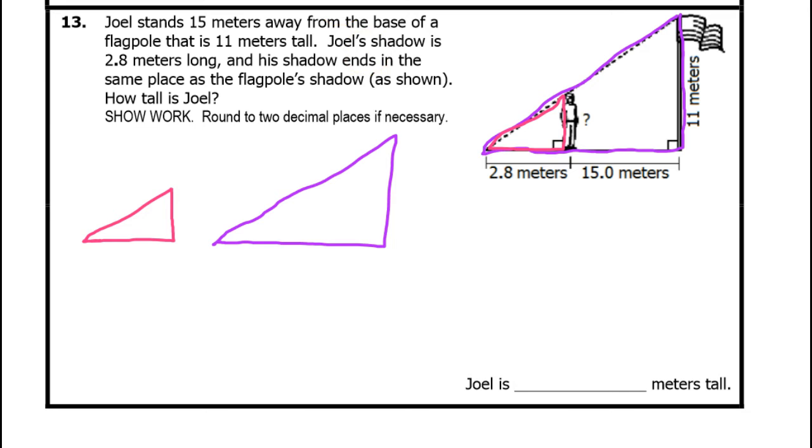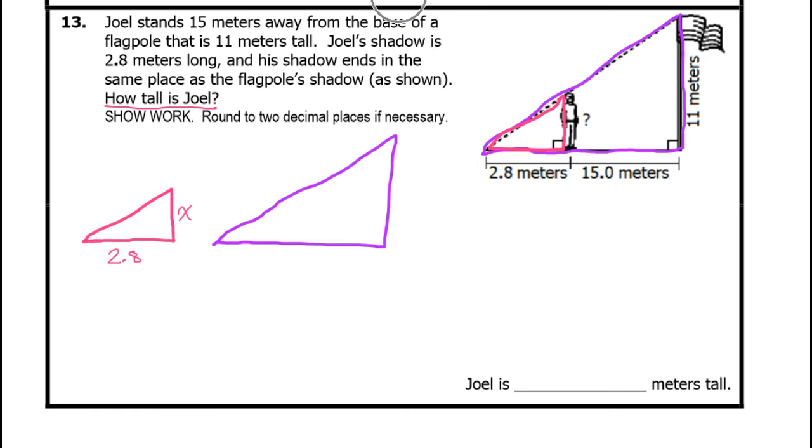Okay, so let's label everything that we can. First, on the smaller triangle, we know that the bottom side is 2.8. We do not know the vertical side. In fact, how tall is Joel? That's what we were supposed to find, so I'll put an X right there.